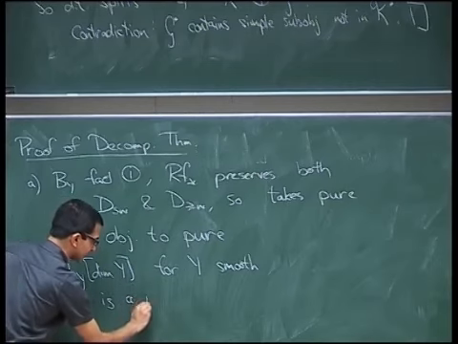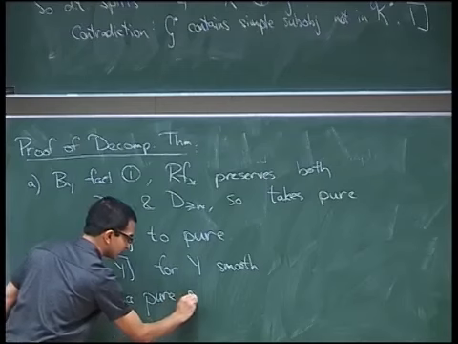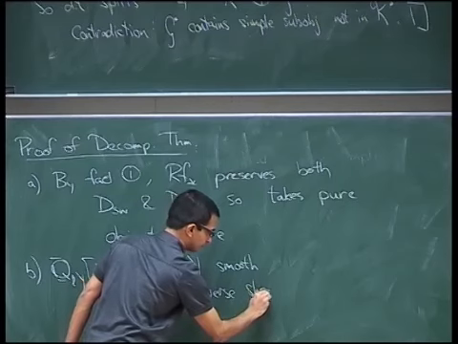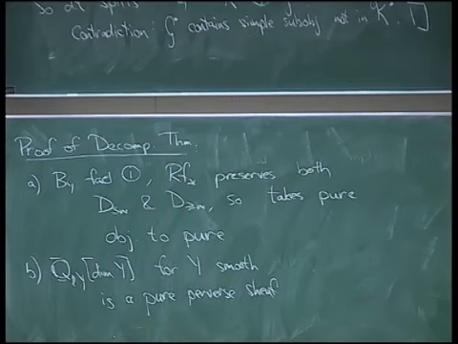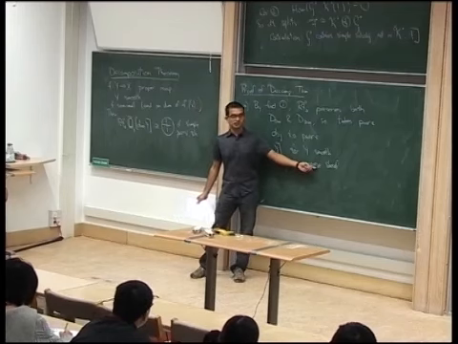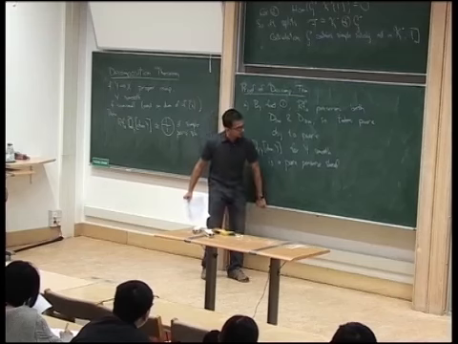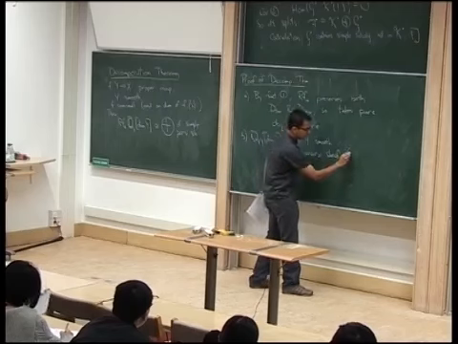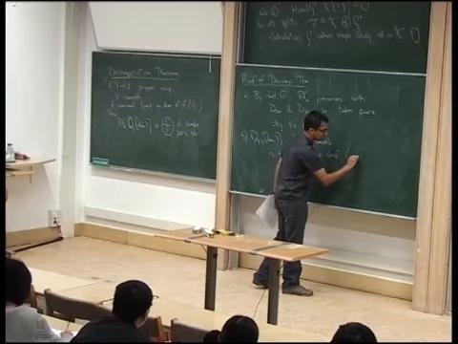In fact, it's a pure perverse sheaf. It's pure because it's just a shift of the constant sheaf, and it's perverse. This you can check directly from the definition of the perverse t-structure that I gave on Tuesday, using Poincaré duality.